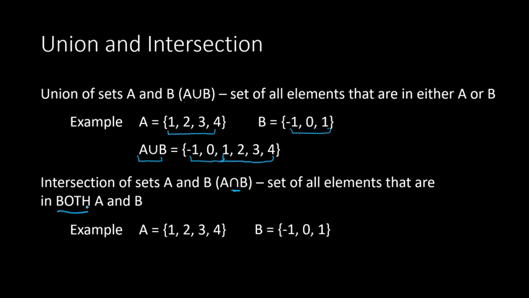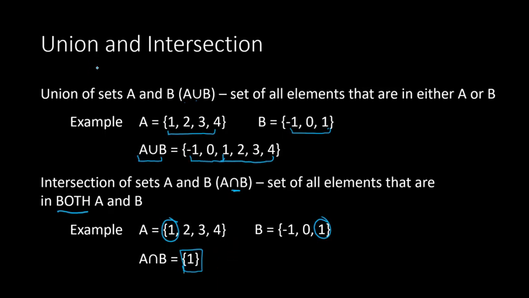So here we see the same two sets. We have set A and set B. Now the intersection of them is, what do they have in common? Where do they overlap? Well, notice they both have a 1 in common. So the intersection of sets A and B would be the element 1. So that is your new set.